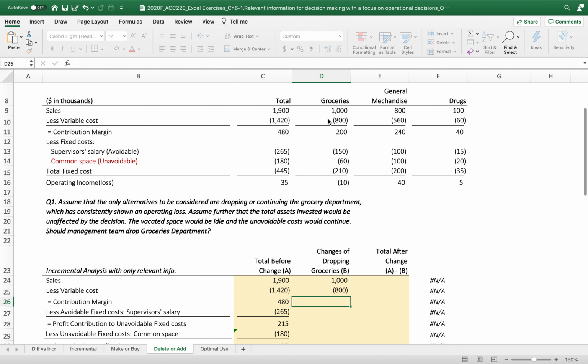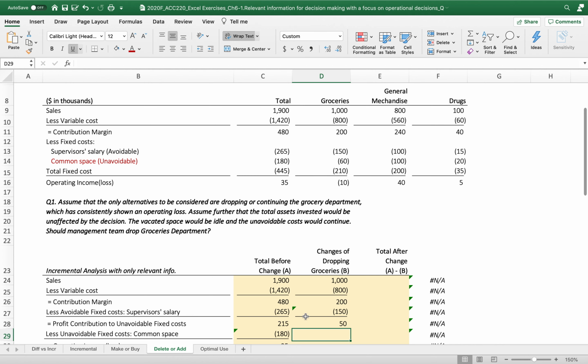Also, this 800 is going to be reduced. And then avoidable fixed cost, 150.